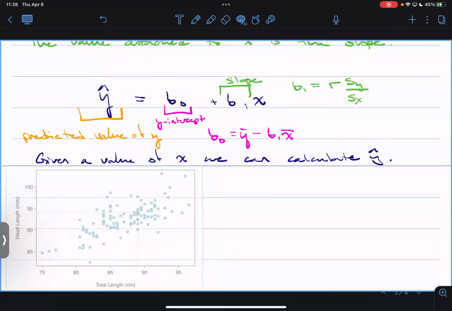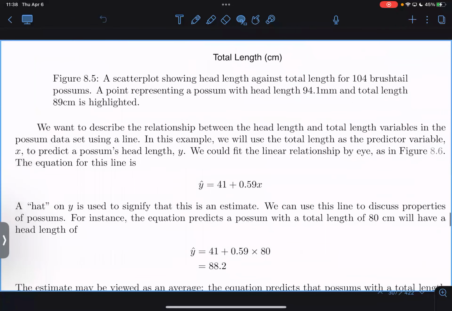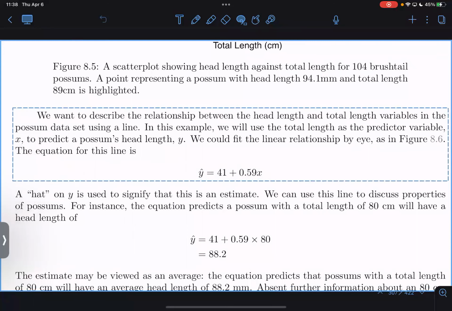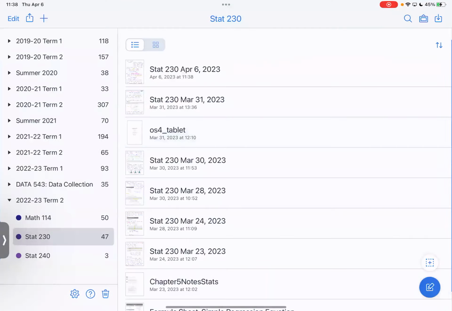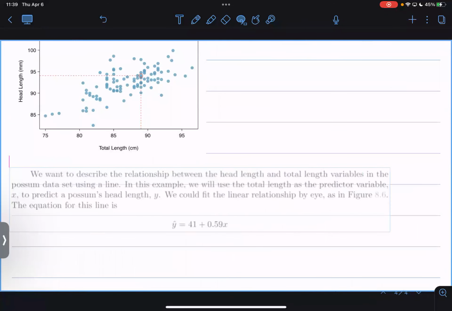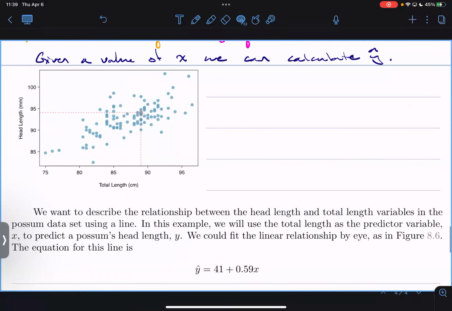So going back to this possum data, and just in a fake scenario, we're just going to use this equation of the line. So we want to describe this relationship or model the relationship between the head length of the possums and the total length of the possum.